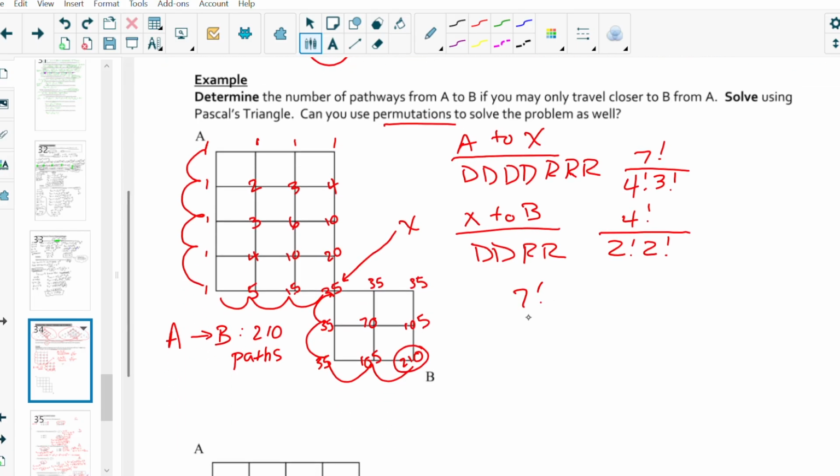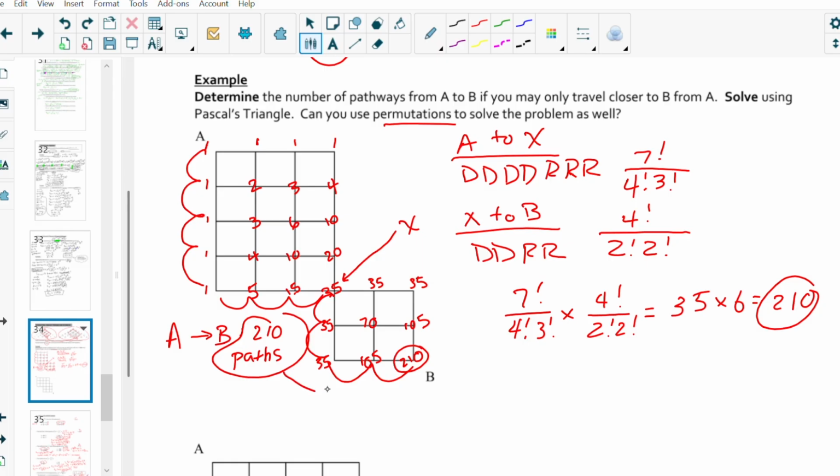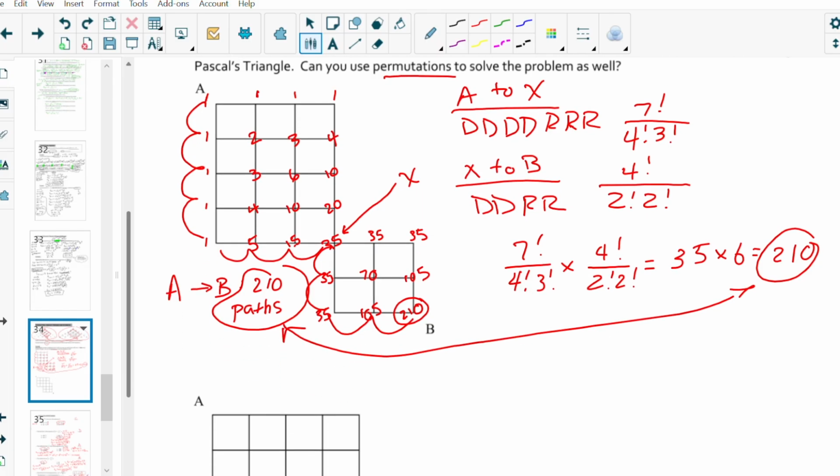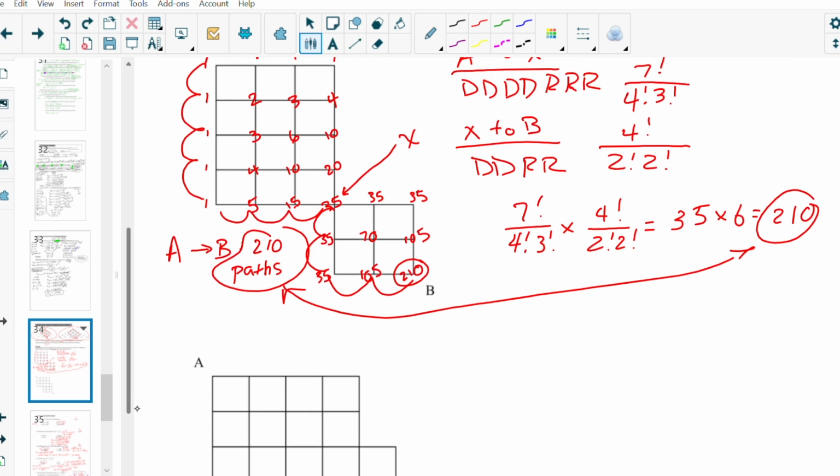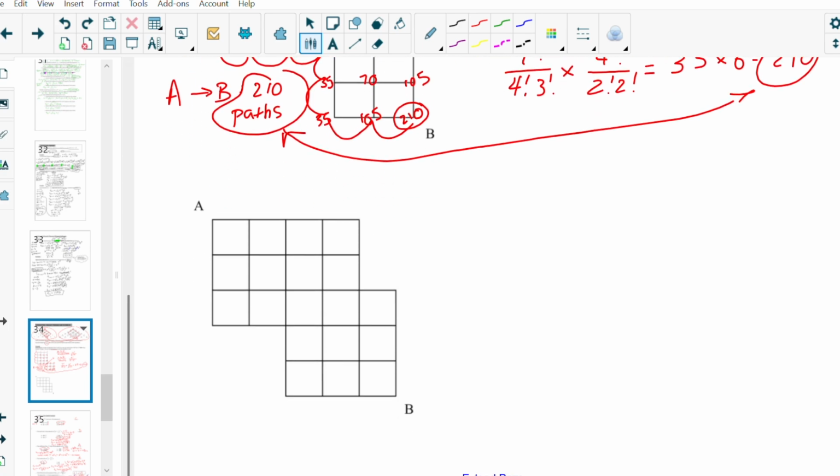So I'm going to multiply the two for all the possible paths. And look at that. What do we get? 210 possible paths. It's the same answer we get when we do the steps through Pascal's. Okay, let's do the next one.